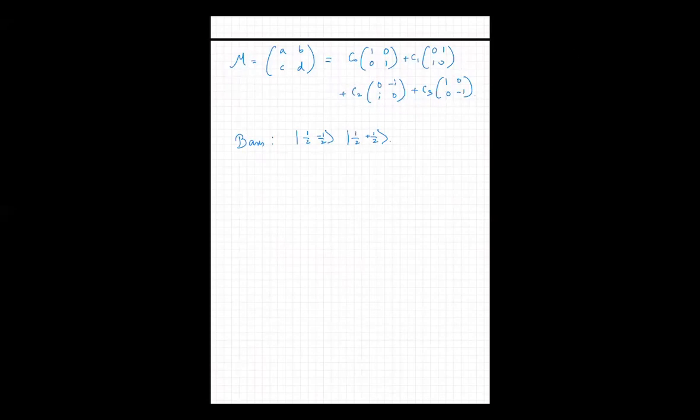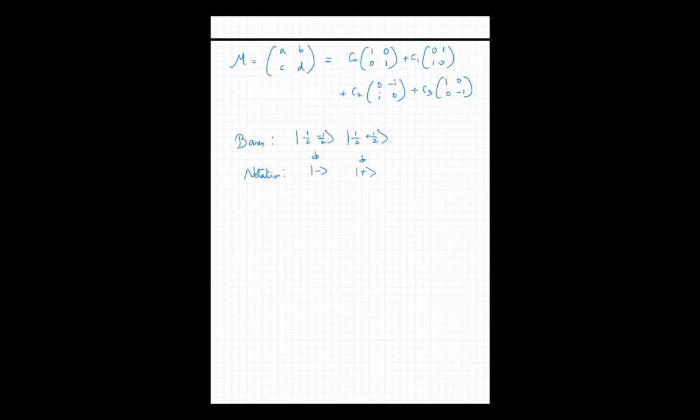And depending on which book you look at, there are many shorthands, because people don't want to write 1/2 minus 1/2, 1/2 plus 1/2 every single time. So notation wise, some books, for example Sakurai, call the minus 1/2 state minus ket, and the plus 1/2 state plus ket.